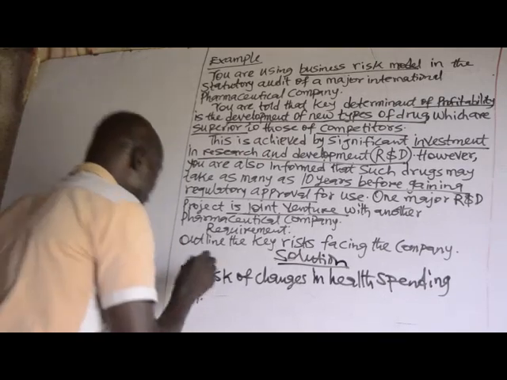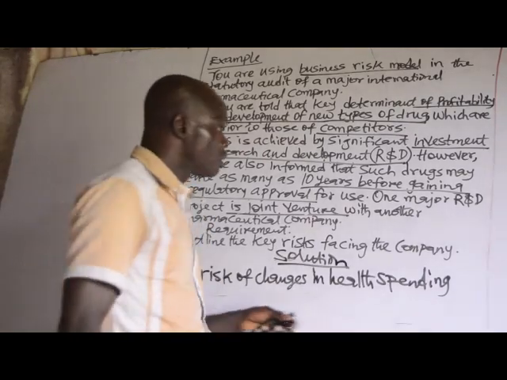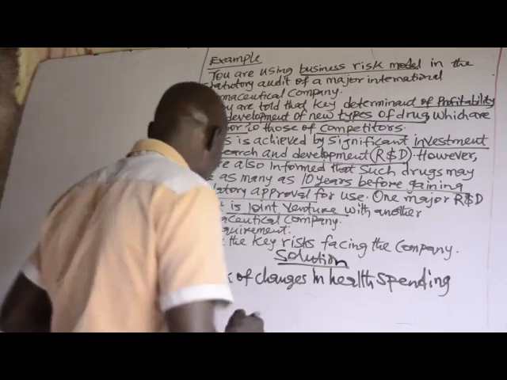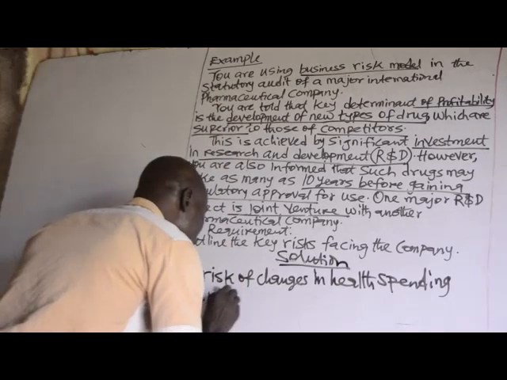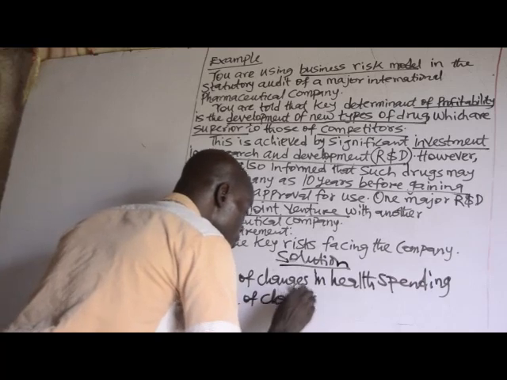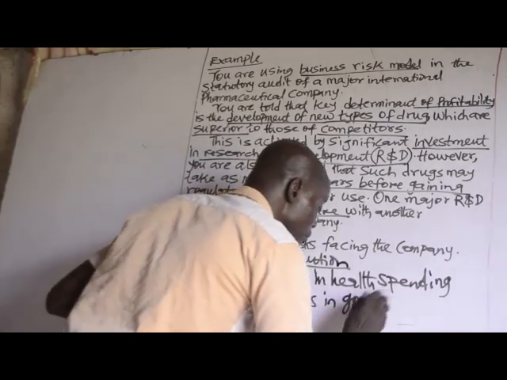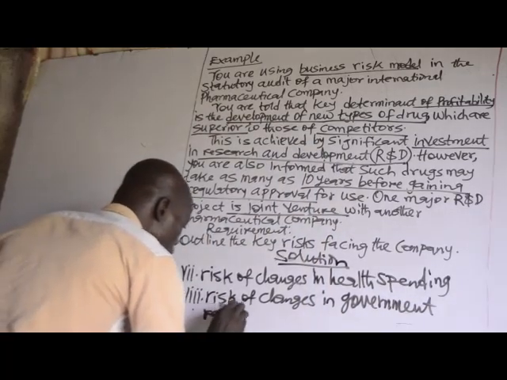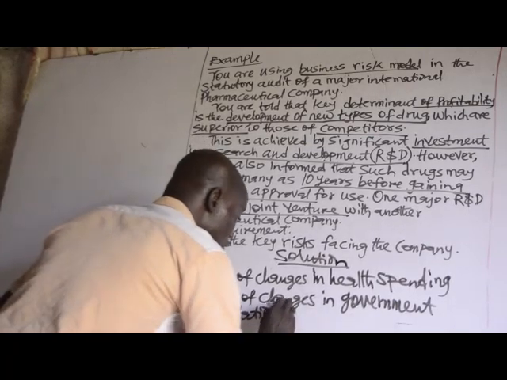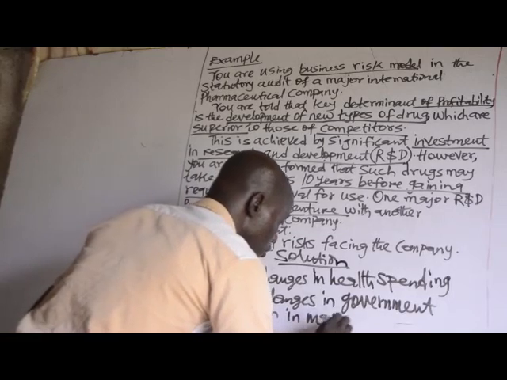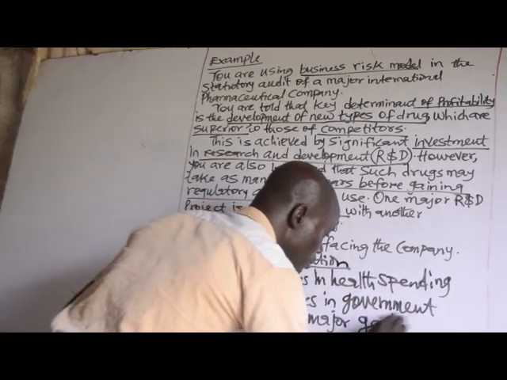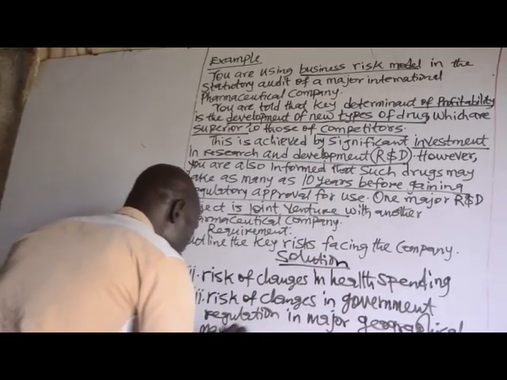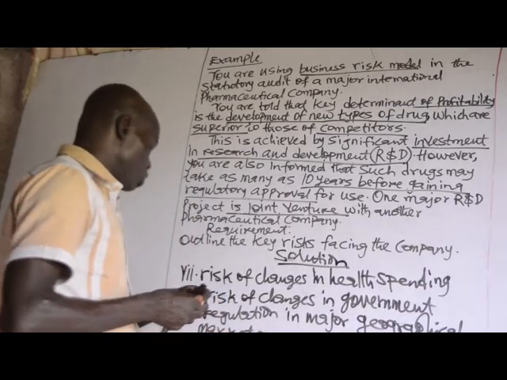Number 8, risk of changes in government regulation in major geographical markets. This will pose a significant risk to the entity.